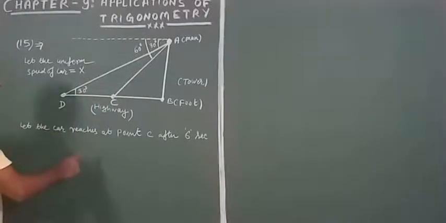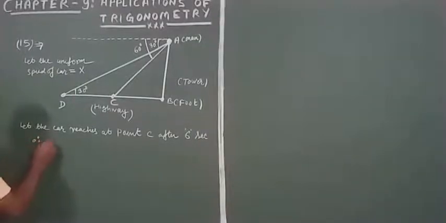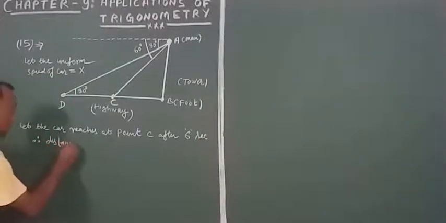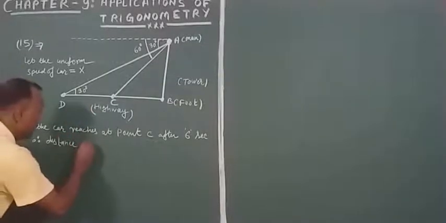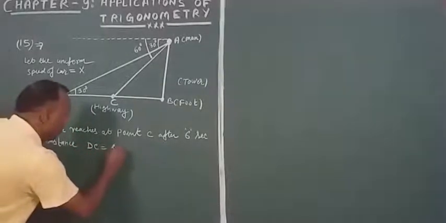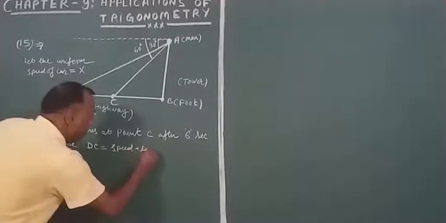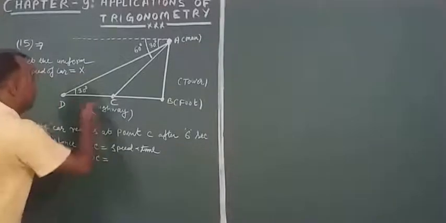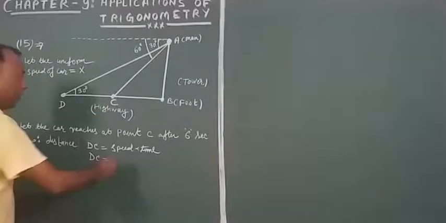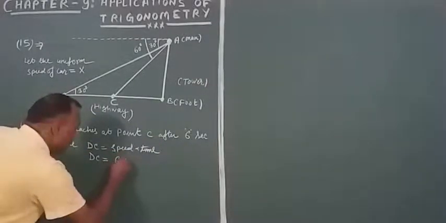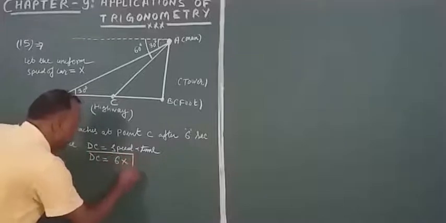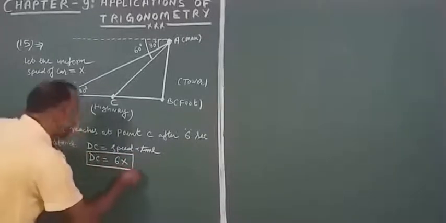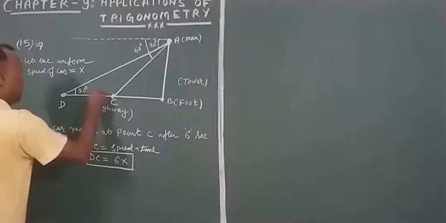Therefore, the distance DC is equal to speed into time. What is the speed we have taken? x. Or time is 6 seconds. So what is the distance? This one DC is 6x. What is the distance? 6x. Question is this.